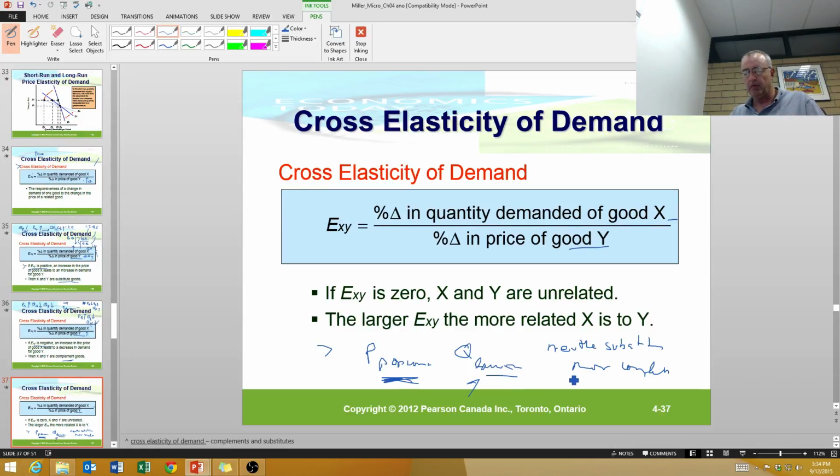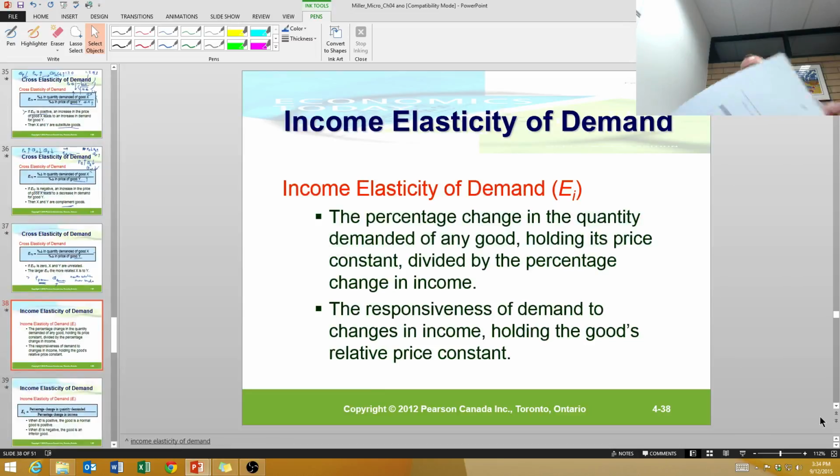Anyways, the final section dealing with price elasticity deals with income elasticity of demand. So how does our quantity demanded of a particular product change as our income changes?